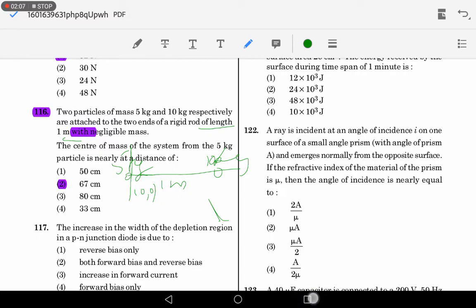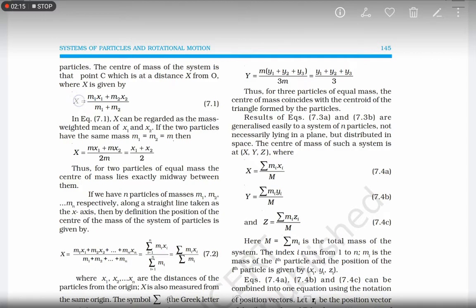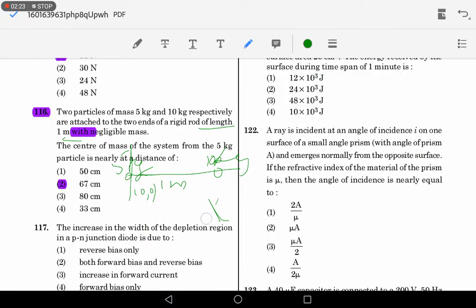So using the formula from the NCERT textbook, which you could see here, x equal to (m1 x1 plus m2 x2) by (m1 plus m2). So use x equal to (m1 x1 plus m2 x2) by (m1 plus m2), which is equal to 5 into x1, which is 0, and x2 is 100 centimeter, 1 meter or 100 centimeter.